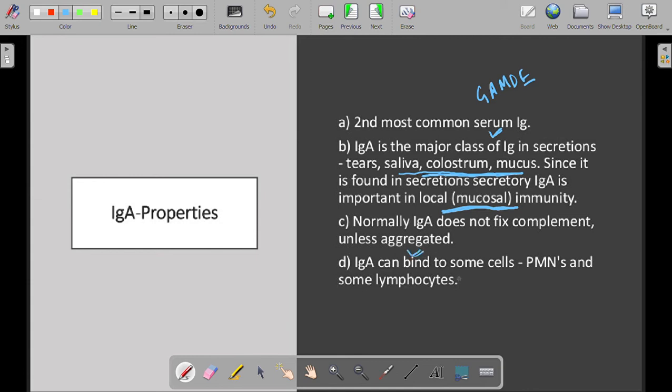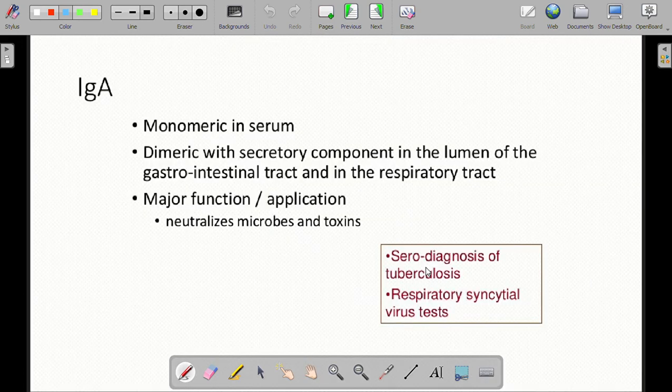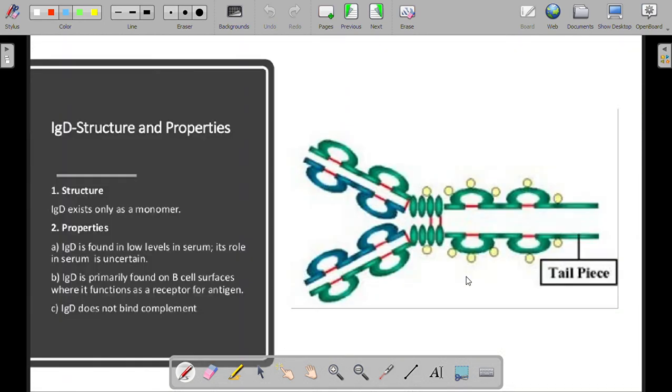IgA can bind to some cells, polymorphonuclear cells and some lymphocytes. IgA is monomeric in serum, and dimeric with secretory component in the lumen of the gastrointestinal tract and the respiratory tract. Major functions and applications are neutralizing microbes and toxins, and serodiagnosis of tuberculosis and respiratory syncytial virus tests.